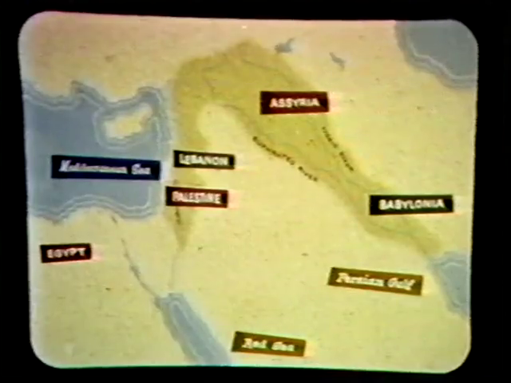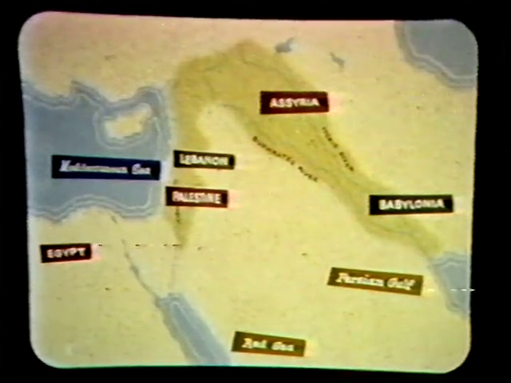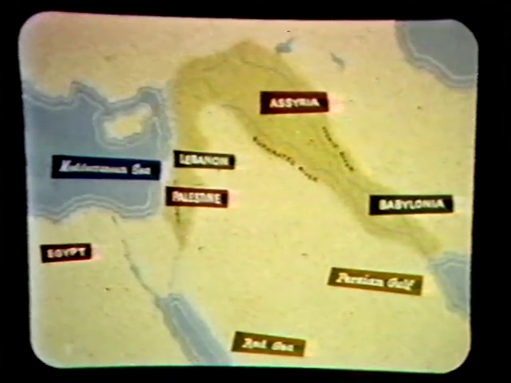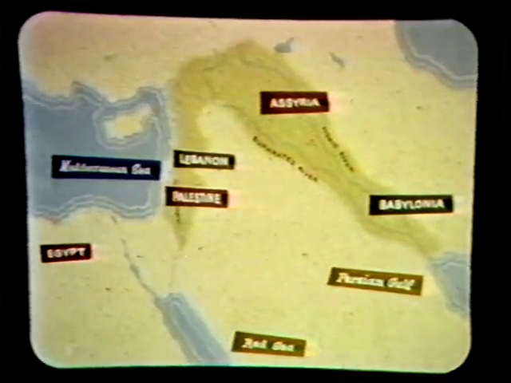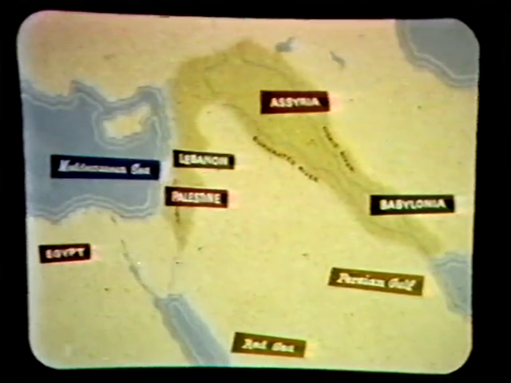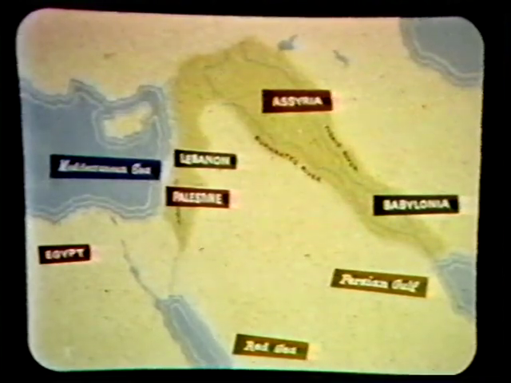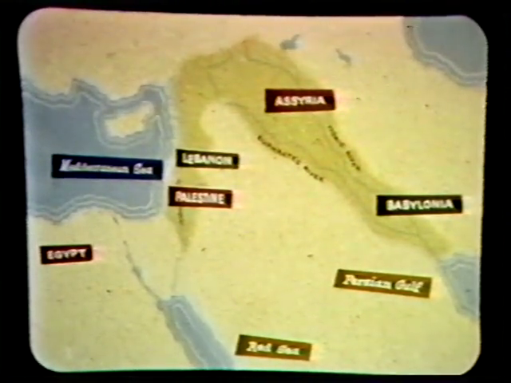To the north and east of this area are the Zagros Mountains. To the south and west is the arid Arabian Desert. The Mediterranean Sea serves as a western boundary, both for the land of Palestine and the Fertile Crescent, since the land of Palestine is the southwestern leg of the Fertile Crescent.